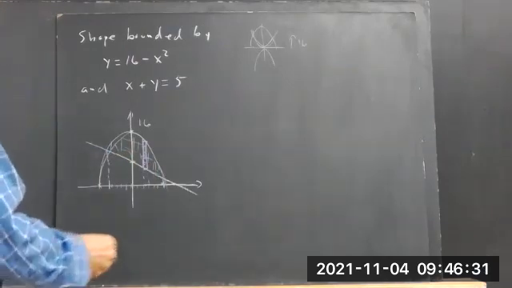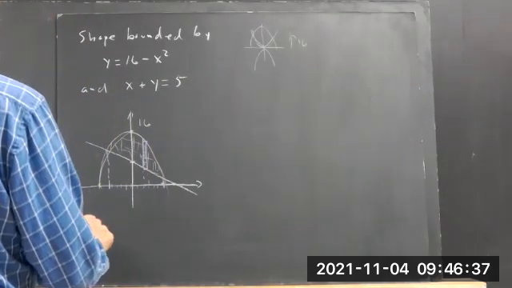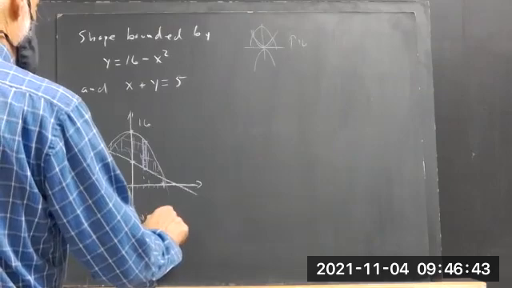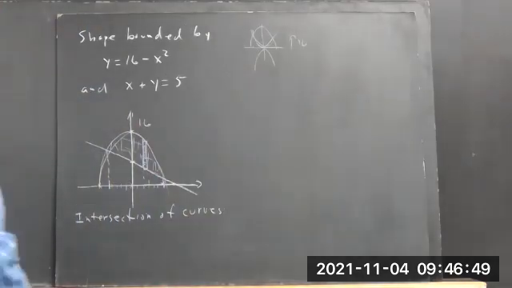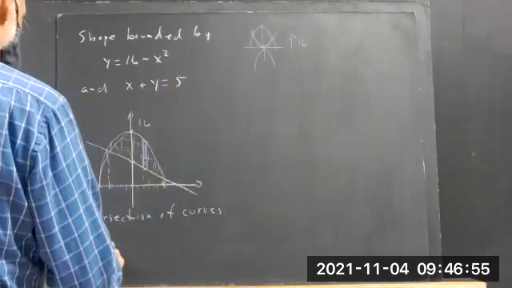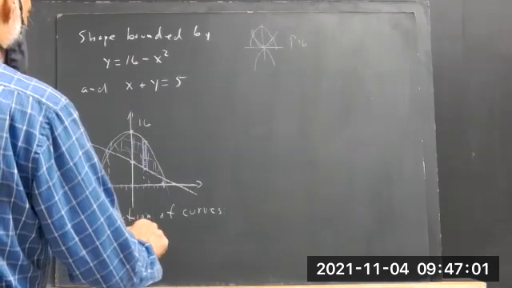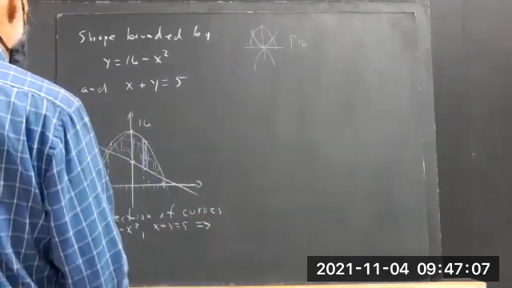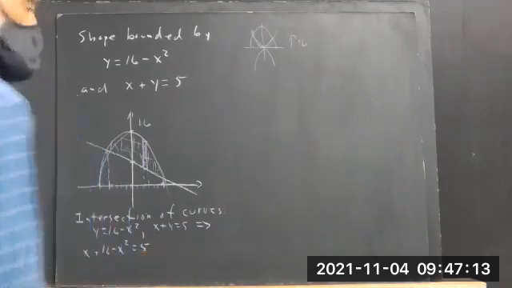So we have the intersection of the curves y equals 16 minus x squared and x plus y equals 5. That implies that x plus 16 minus x squared equals 5.